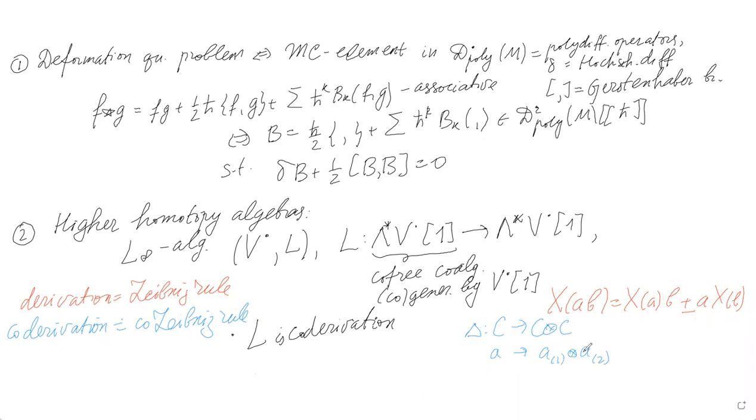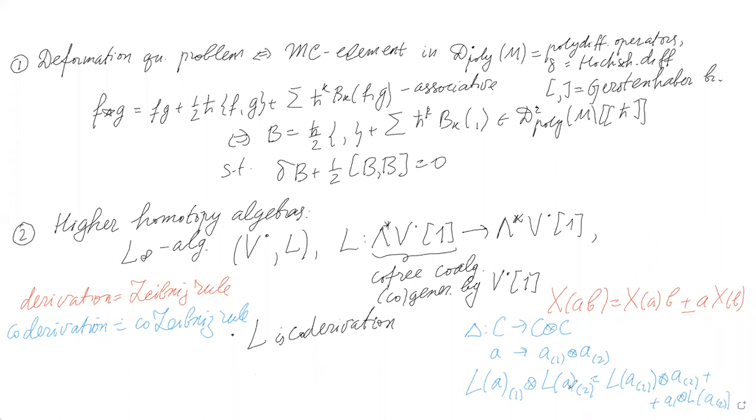Only decomposable elements have this form. Well, in these terms, you have the following identity: L of A_1 tensor L of A_2 is equal to L of A_1 tensor A_2 plus A_1 tensor L of A_2.